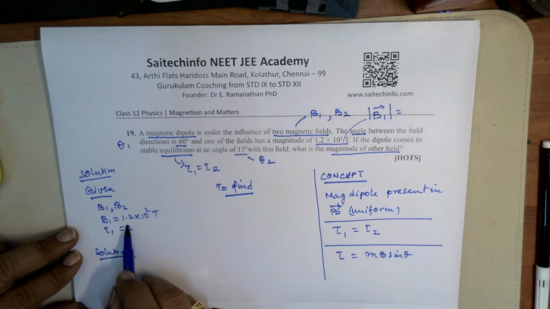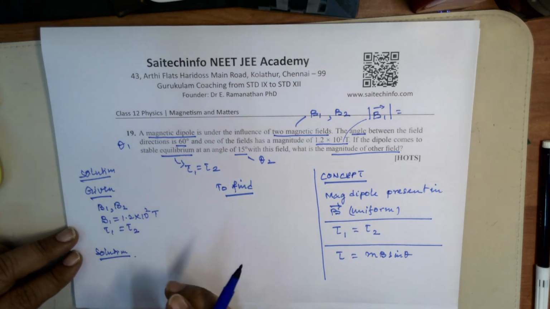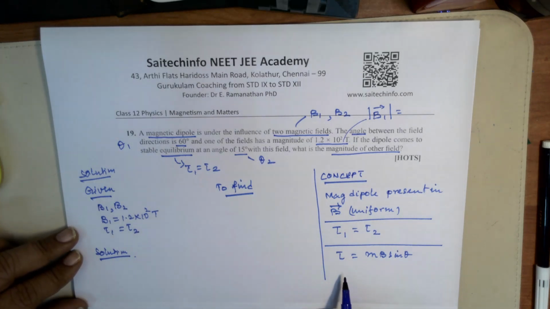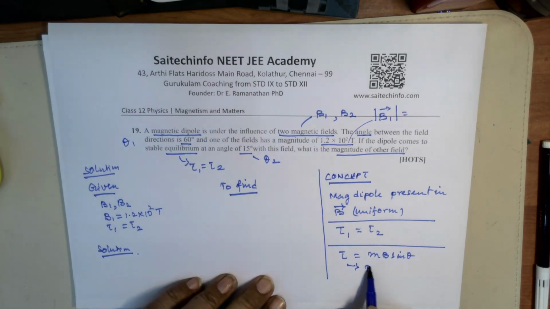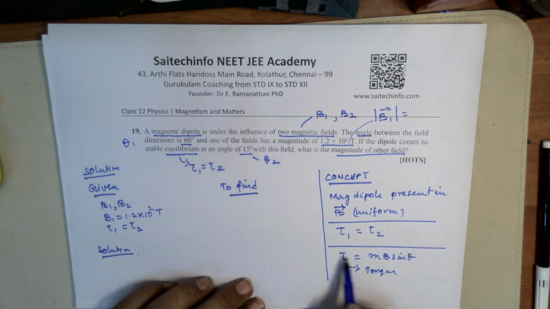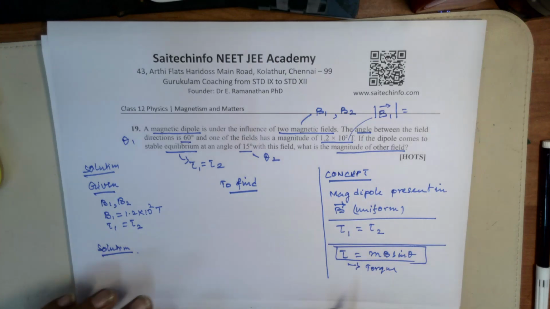What is tau 1? Tau means what? What is tau? That is mB sin theta. What is tau? Torque. That is nothing but torque here, the twisting force. And it is expressed by tau is equal to mB sin theta. And what is m here?